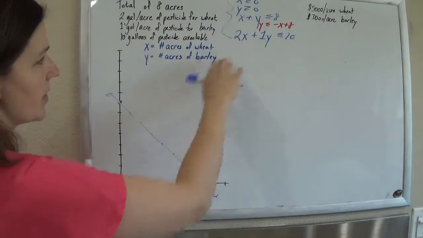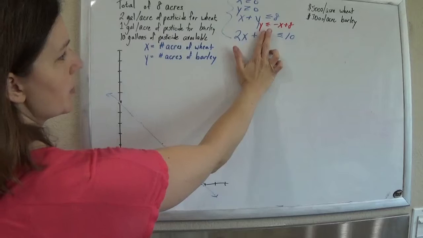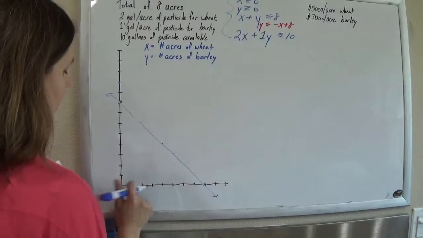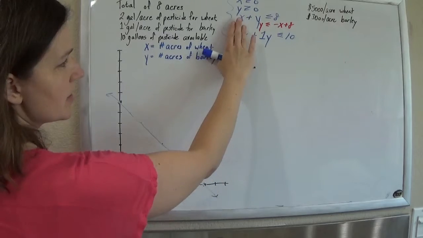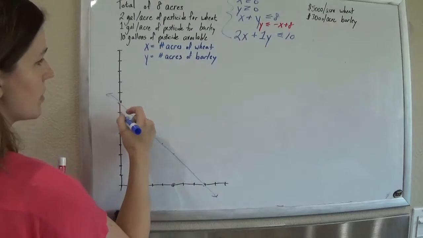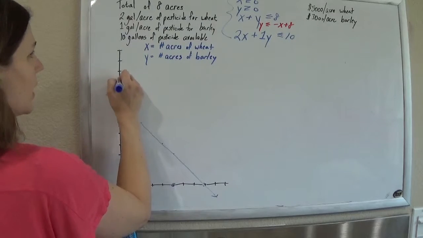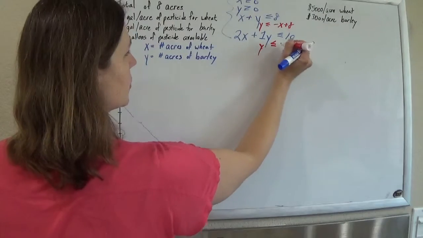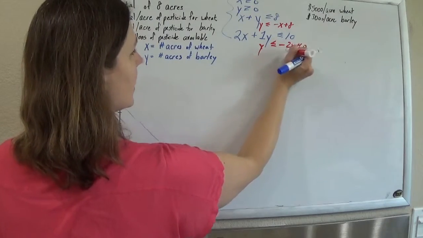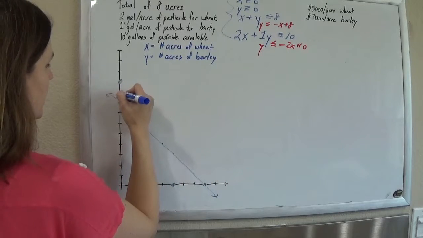Alright, and now for this one, if I do the same thing, I could say that the x-intercept, when the y is 0, the x is 5, and when the x is 0, the y is 10. But I could also say that y is less than or equal to negative 2x plus 10, and see that my y-intercept is indeed 10, and my slope is negative 2.